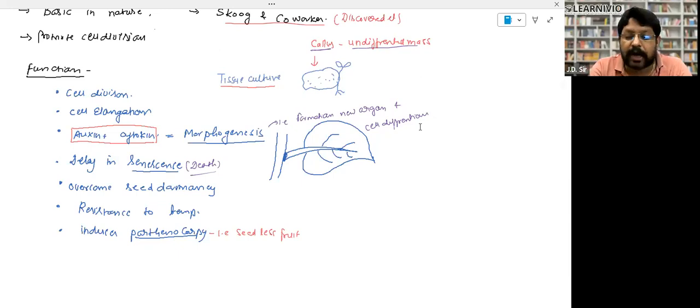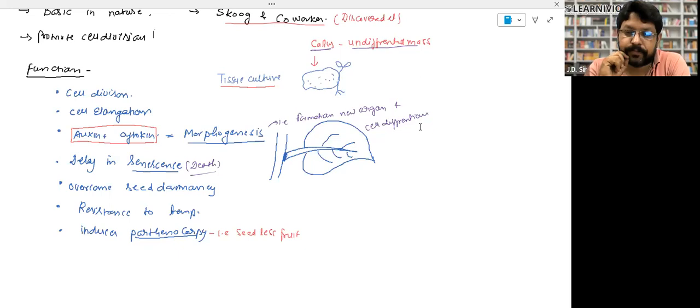Auxin and cytokinin mixture is responsible for morphogenesis, that is, the formation of new organs and cell differentiation.